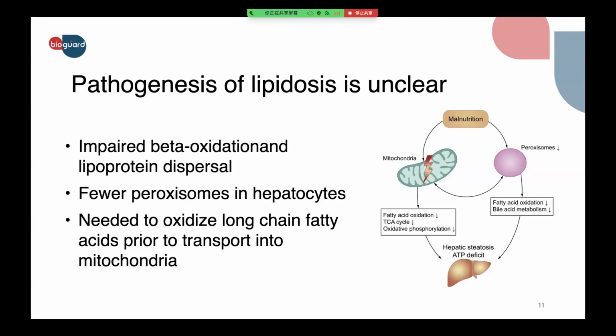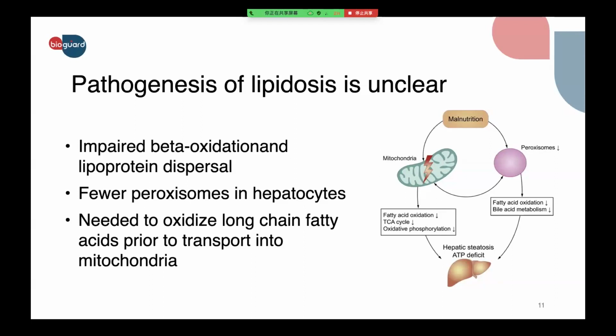But the body cannot, because there is not enough energy, especially protein, so the liver does not have enough energy to make the fat leave the liver. It will accumulate in the liver cells, and hepatic lipidosis happens. As more and more fat accumulates in the liver cells, the liver cells get swollen.